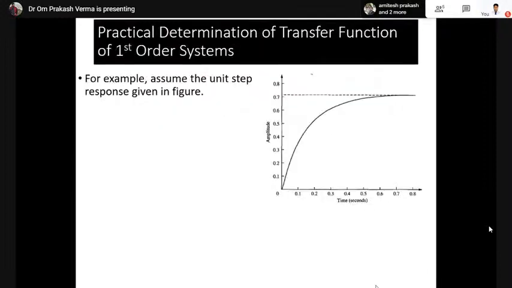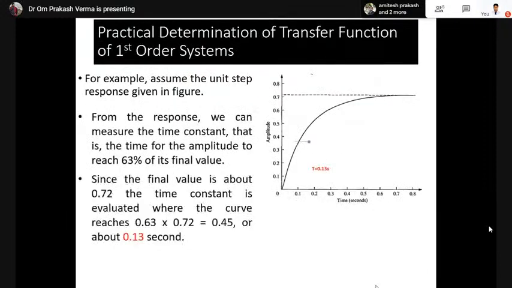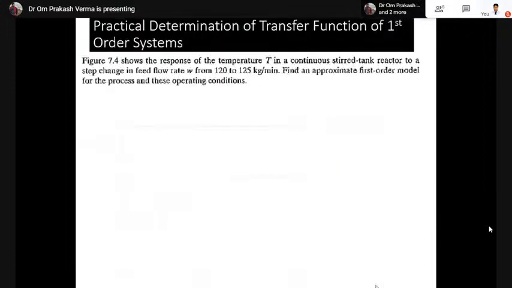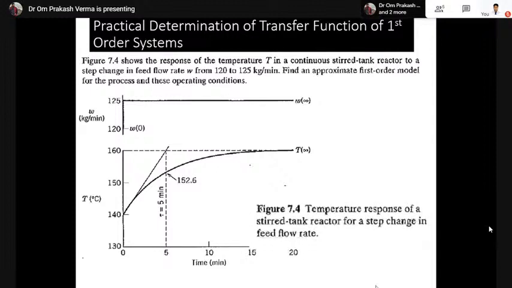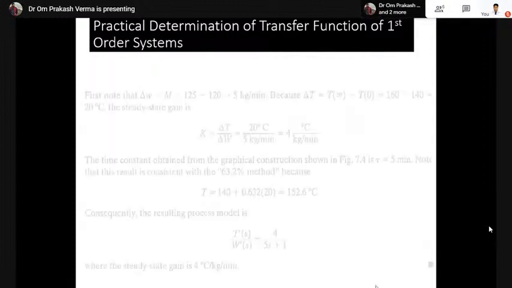Then we solved numerical problems of real-time problems of a step change of flow and its effect on temperature, and we developed a first order process model for this process. So we have solved this one.